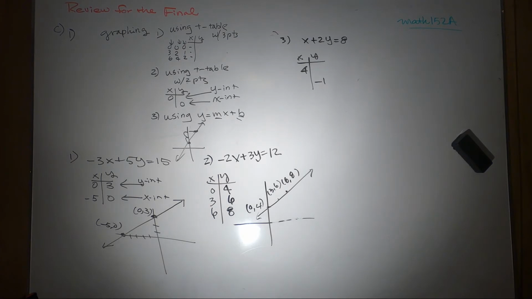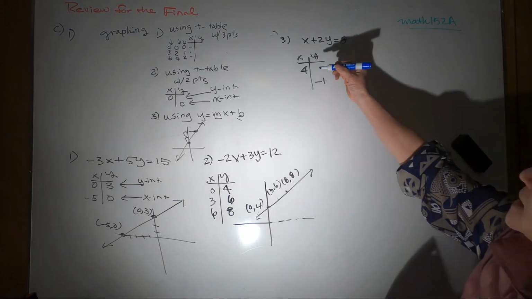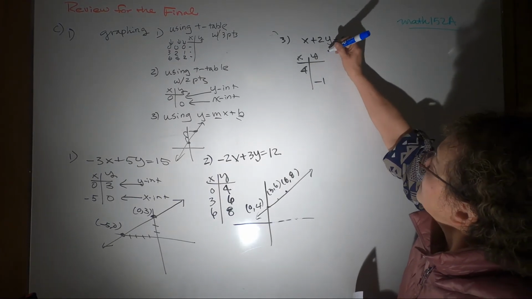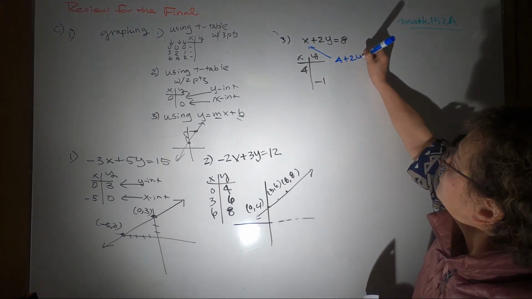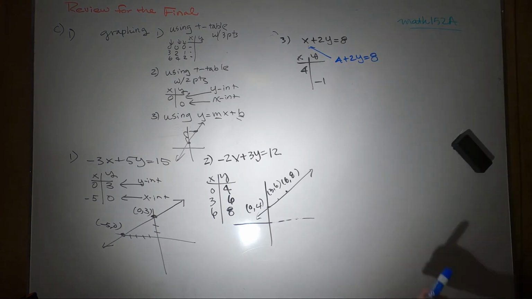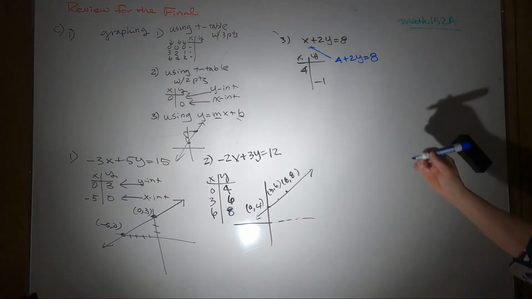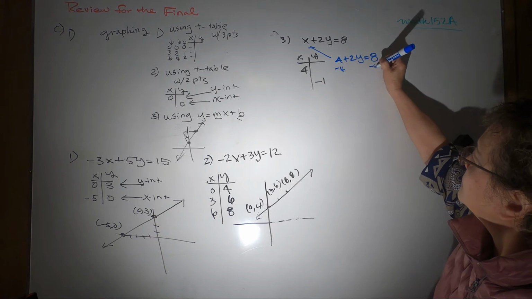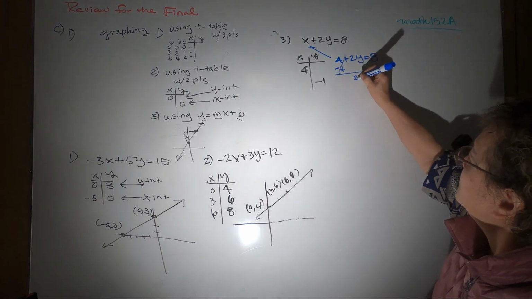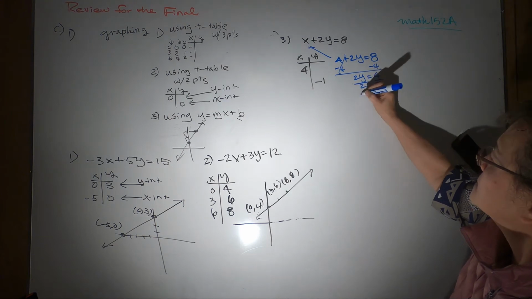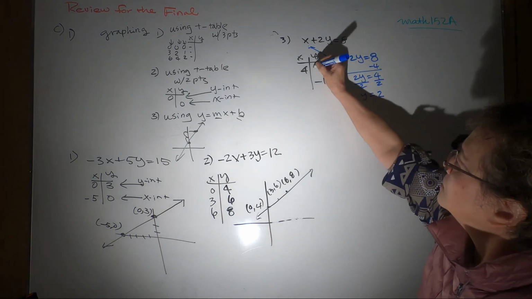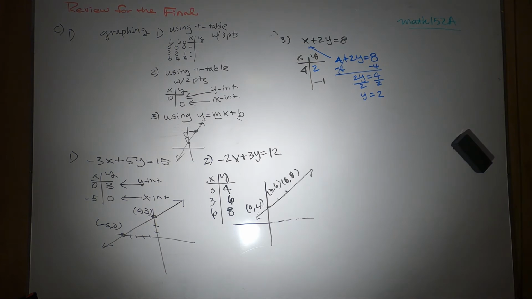So this one, x is 4, so that would be 4 plus 2y equals 8. Then minus 4, so 2y would be 4. Then what's your y? So y would be 2, right?